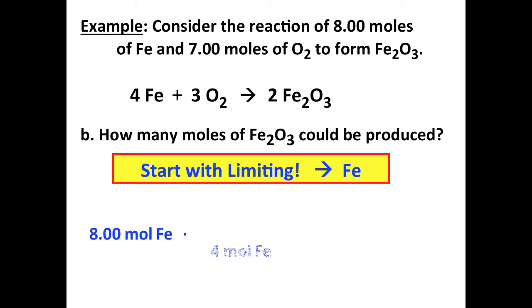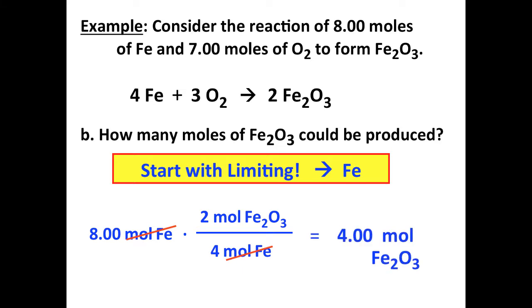We know from the chemical reaction that for every 4 moles of Fe that reacts, 2 moles of Fe2O3 can be produced. So that's our stoichiometric conversion factor. That gives us that 4.00 moles of Fe2O3 can be produced. That's our theoretical yield, our maximum yield from this amount of Fe.